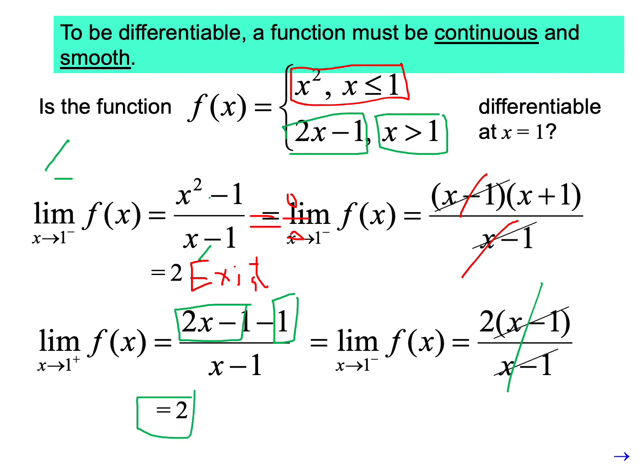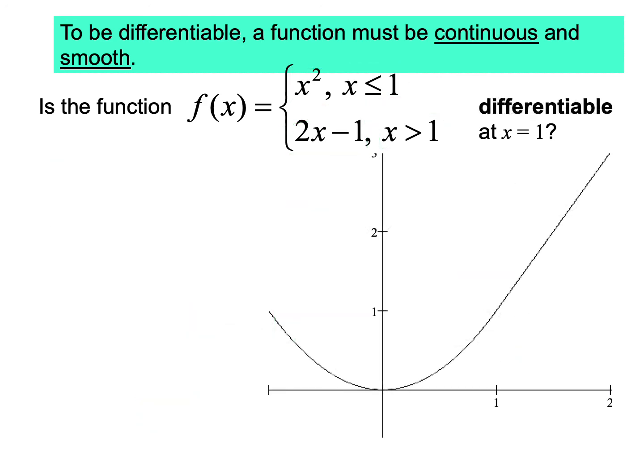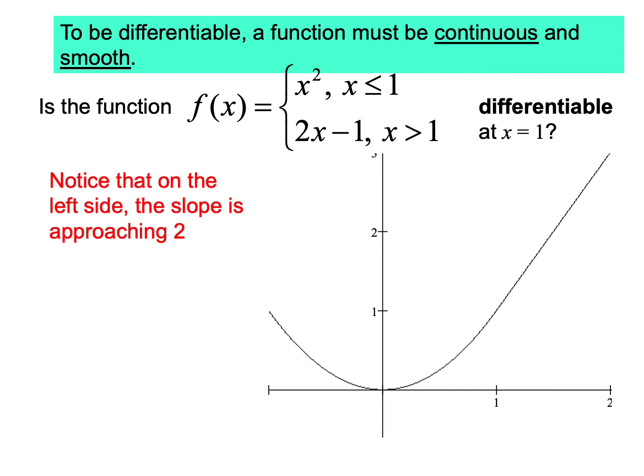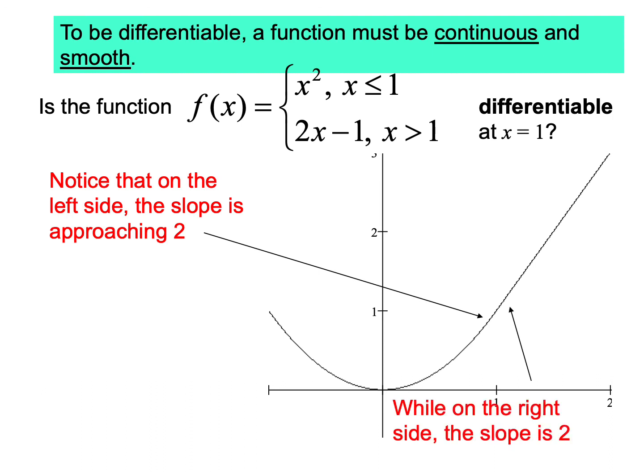So here we found that the derivative from the left is 2 and the right derivative is also 2, which means clearly the graph is smooth, because the left derivative equals the right derivative.